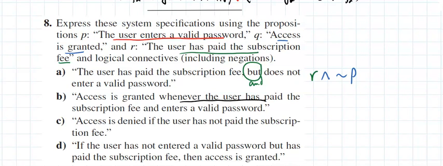Access is granted whenever the user has paid the subscription, and so you could access, we said that was P, you could access the network if you would have, I'm messing the colors up, I apologize. You know what, let me just stick with the letters. You could access the computer if the user has paid the subscription.